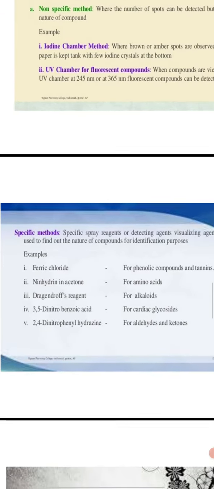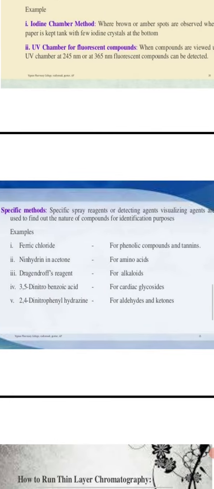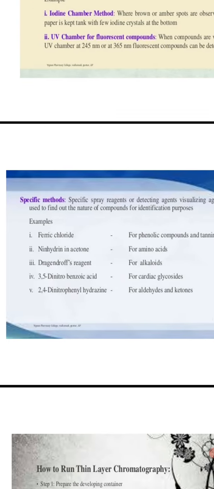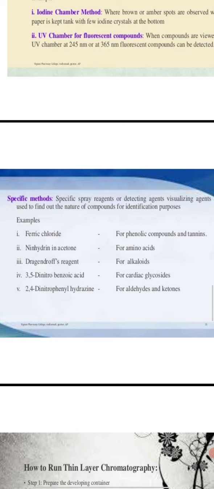Next one is the specific method. In the specific method, reagents or detecting agents, visualizing agents are used to find out the nature of the compound for identification purposes. हम generally specific method use करते हैं, in which we can use a specific spraying reagent for detection of the visualizing compound or visualizing spot.